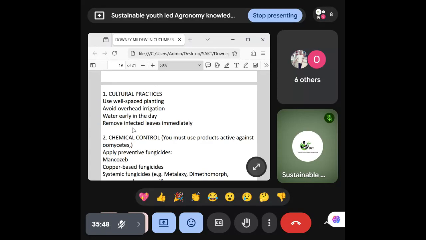When there is good aeration on your farm, it reduces the growth of this pathogen, because if there is enough aeration on your plant, transpiration is easier. The time for water to dry on your leaf is very, very fast. For transpiration to take place, it needs sunlight, air, and heat. So if you have good spacing on your farm, it is easier for your leaves to dry out on time.